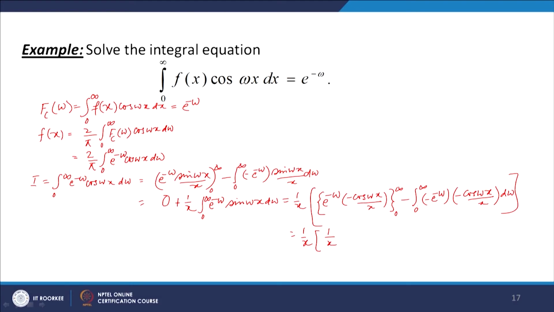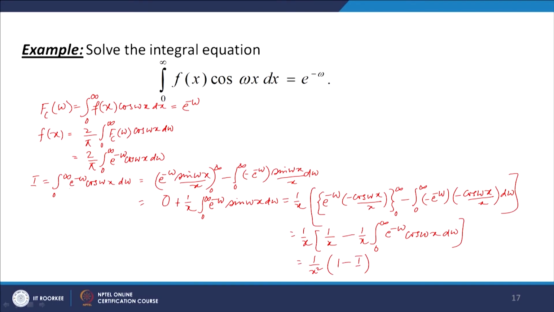Then this becomes minus minus minus, so we get minus 1 over x integral 0 to infinity e to the power minus omega cos omega x d omega. So this is 1 over x square times 1 minus I. Okay.